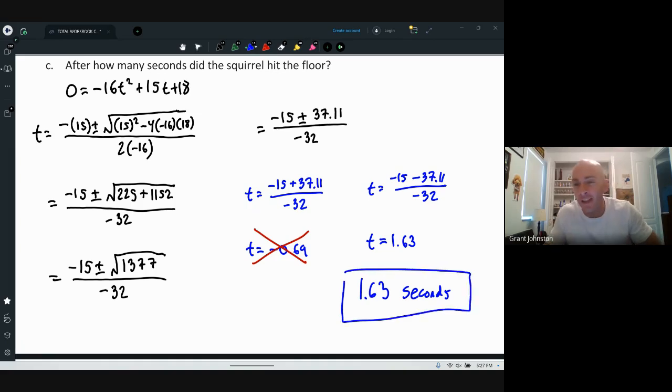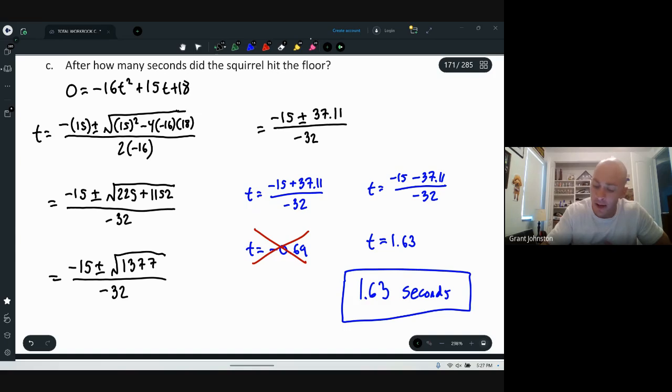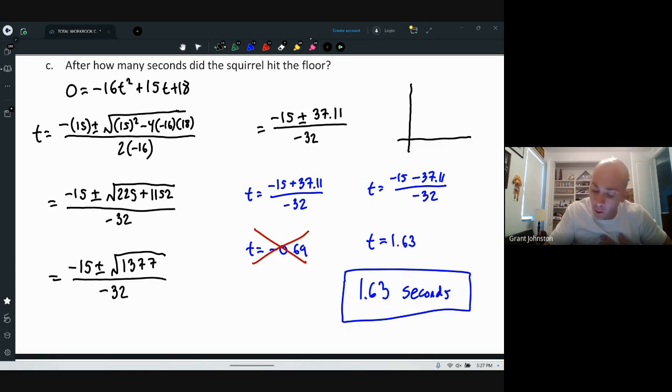Now, if you're interested in why we got that answer, let me show you. If you were to graph this, the squirrel started off at 18 feet, right? Somewhere up here, and then he jumped, and then he landed here. And this would be the true 1.63 seconds.